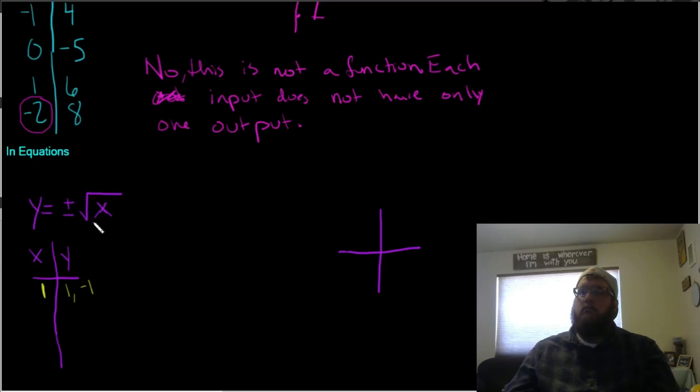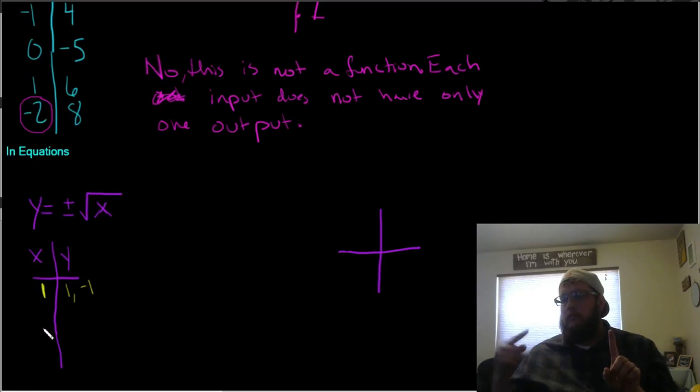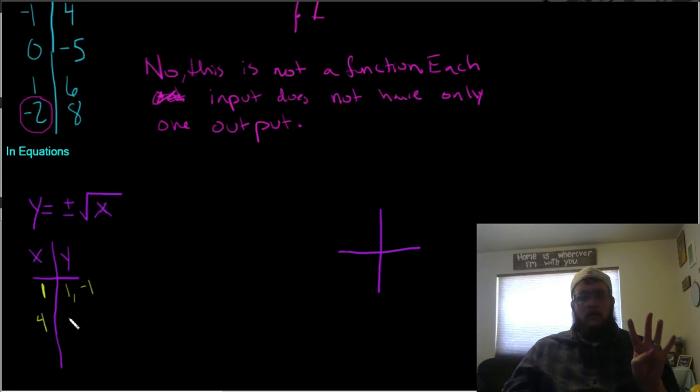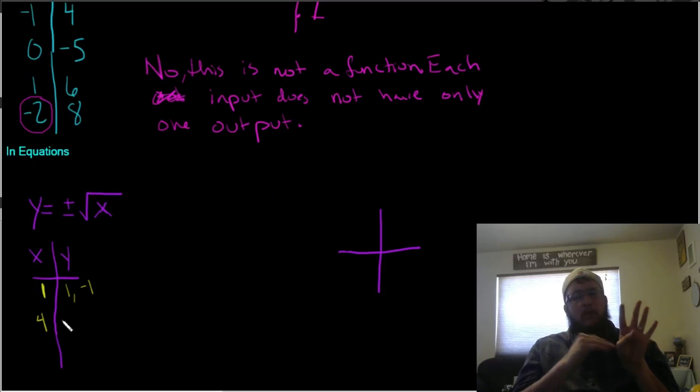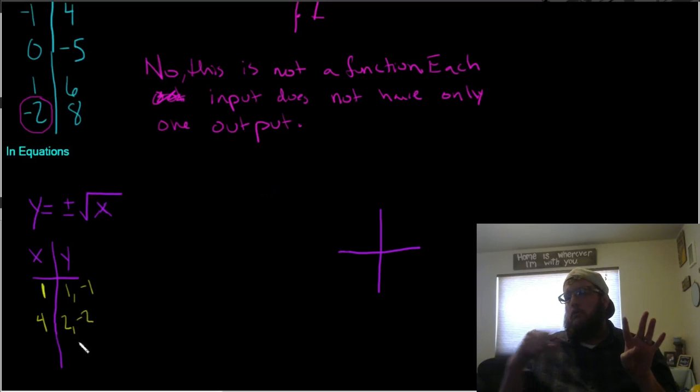Because remember that the square root of 1 is just asking us what number multiplied by itself is equal to that number. So 1 times 1 is equal to 1, but negative 1 times negative 1 is also equal to 1. So the next one that I can think of off the top of my head is 4. And if we took the square root of 4, we would get 2 or negative 2.